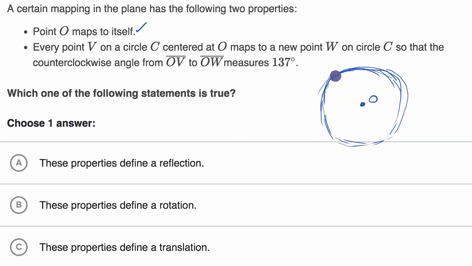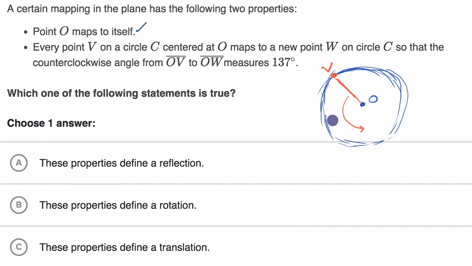So let's say that point V on a circle centered at O maps to a new point W on the circle C, so that the counterclockwise angle from OV to OW measures 137 degrees. So the angle from OV to OW going counterclockwise is 137 degrees.